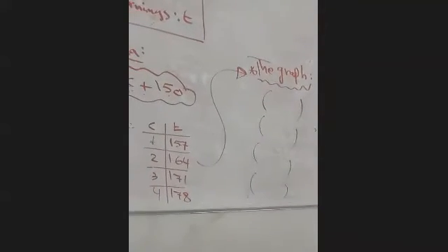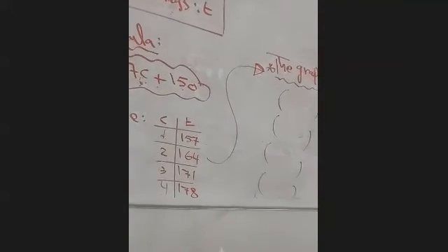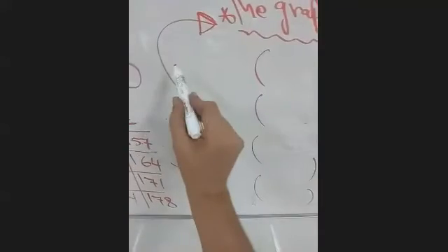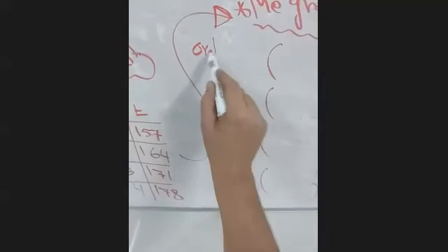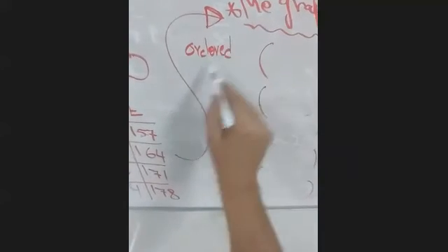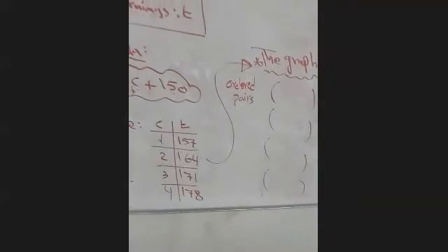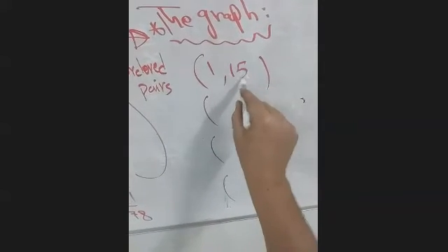What do we call these brackets here? Variables. No, we don't call them variables. We call them ordered pairs. What's the first ordered pair here? 1 and 157, 1 comma 157.